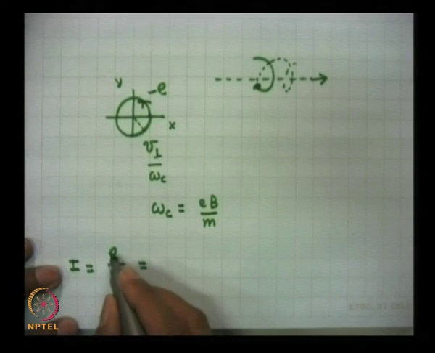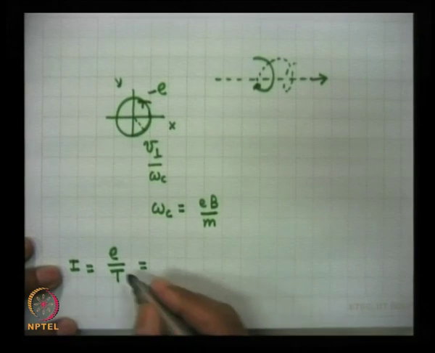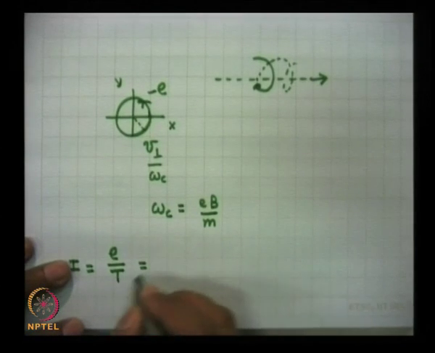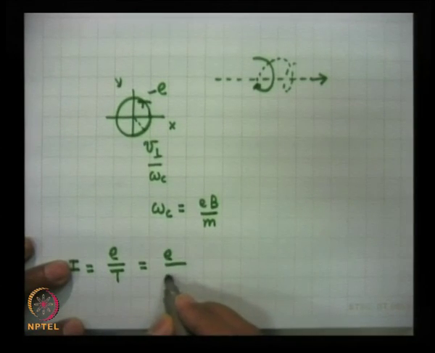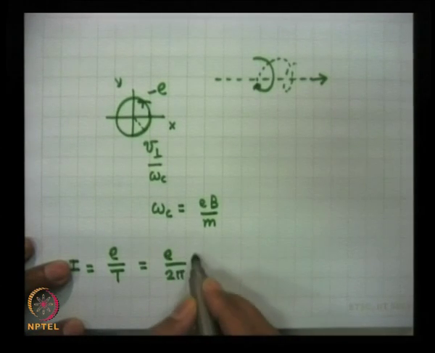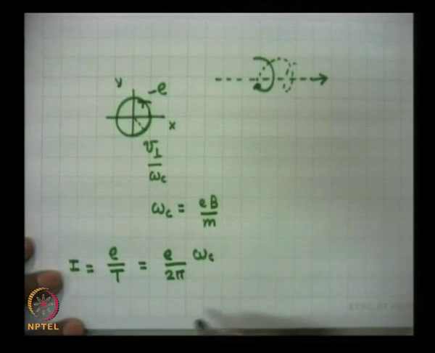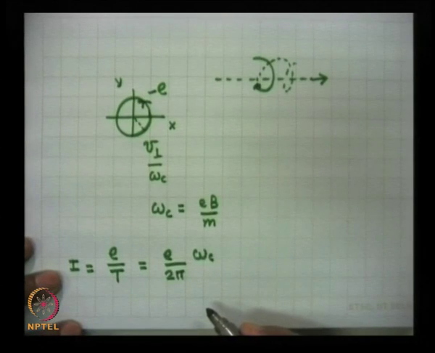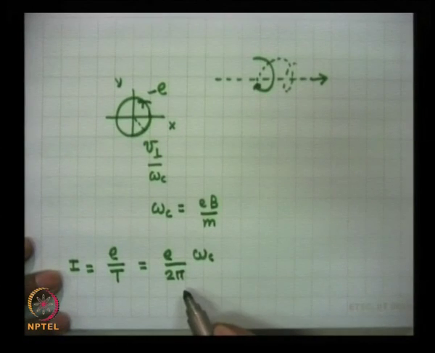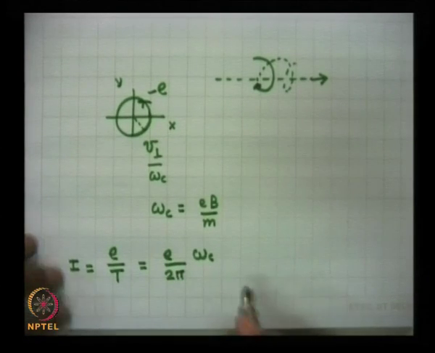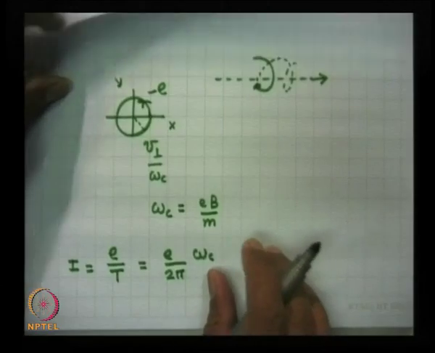Magnitude of current is e upon T, and if I put T equal to 2 pi by omega c, it is e omega c upon 2 pi. This is the current, and for any current loop we define a magnetic moment as the product of area into current. So let me define that.